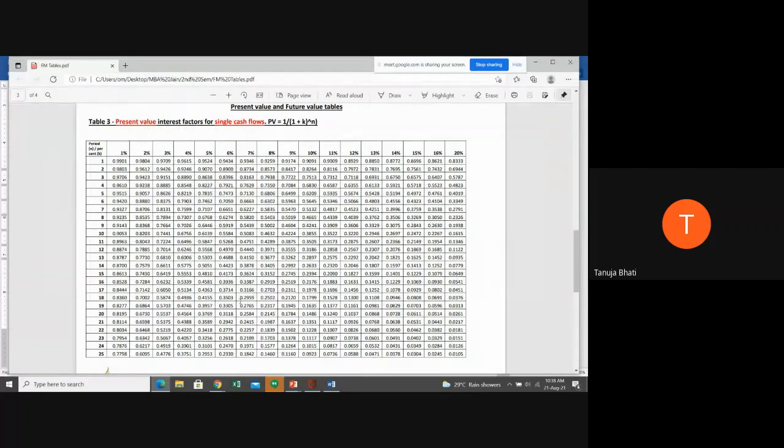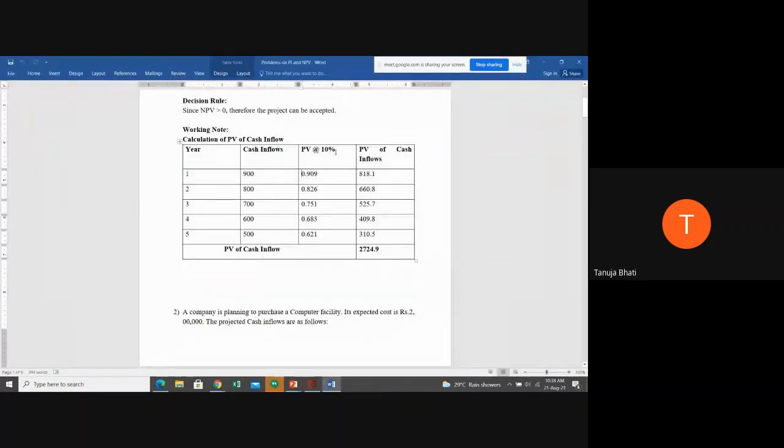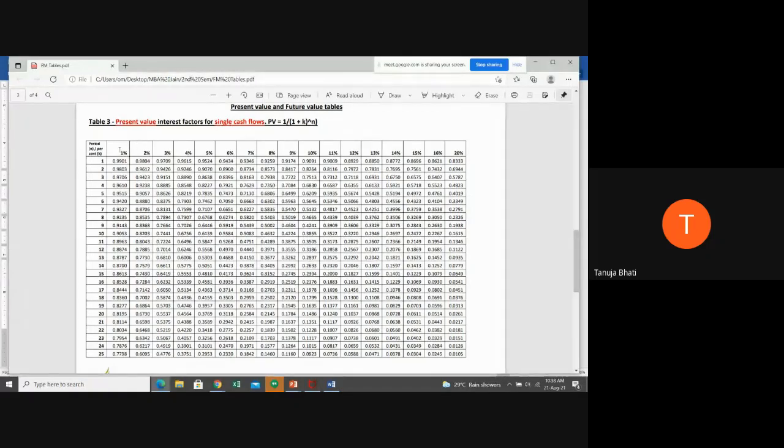Again, I'm repeating, already previously also I've repeated, when you want to find out the present value of a single cash flow, use table number 3. PV at the rate of 10%. You know that the rate is given horizontally and the number of years is given vertically.